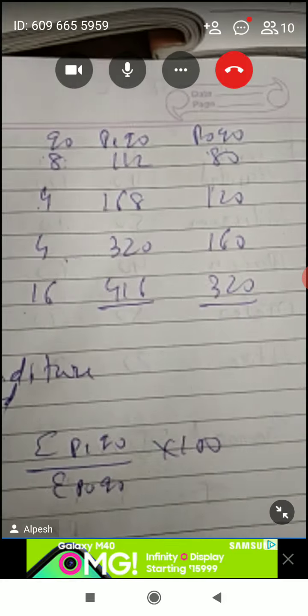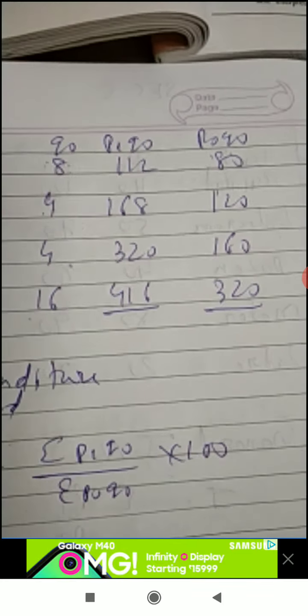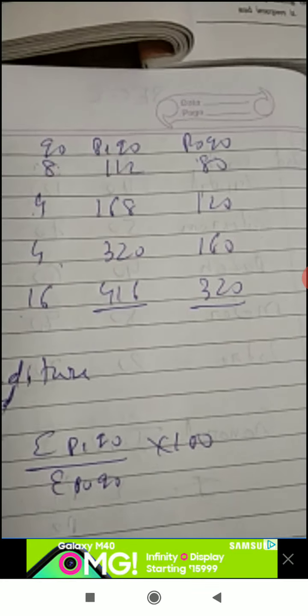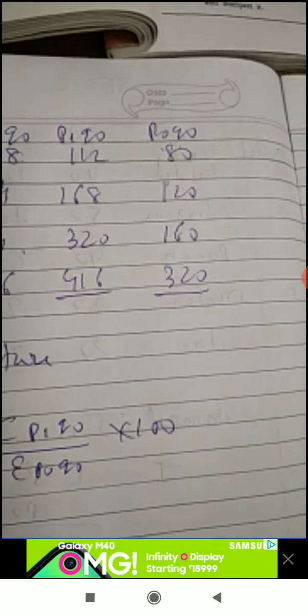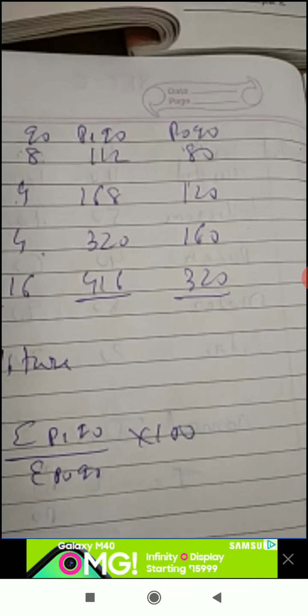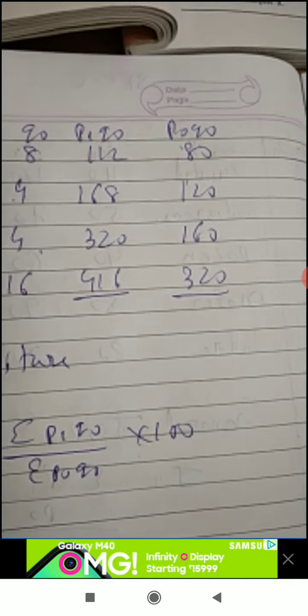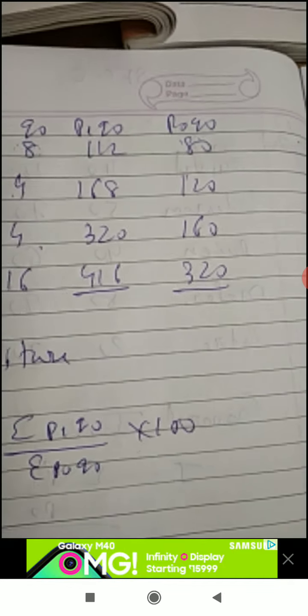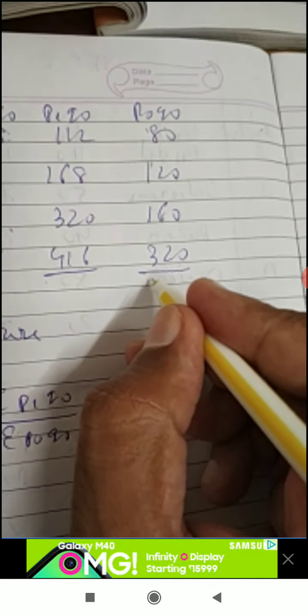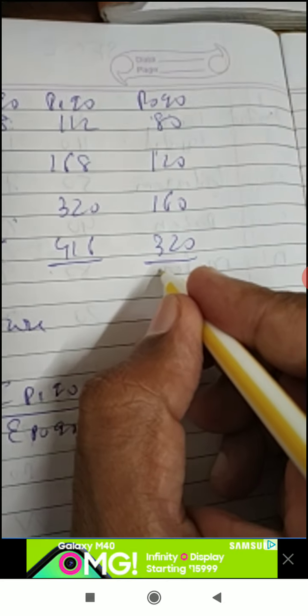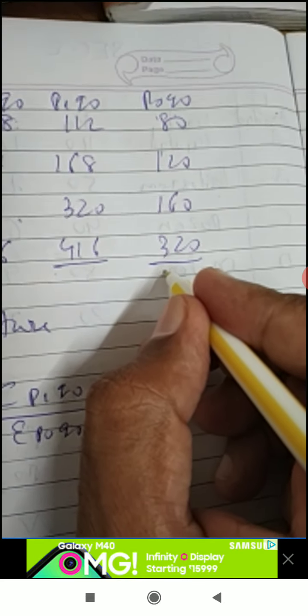Anybody? Total of this, 112 plus 168 plus 320. How much is the P0 Q0 total? How much?